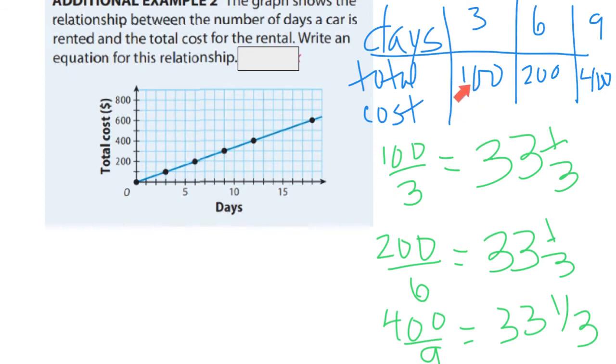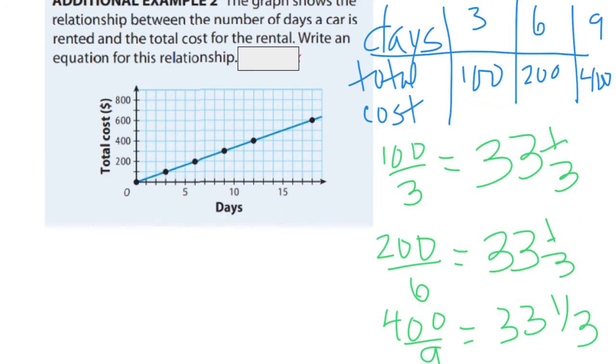So I took the first column, 100 divided by 3 is 33 1/3. Second column, 200 divided by 6, 33 1/3. Third column, 300 divided by 9, 33 1/3. Then 400 divided by 12, 33 1/3. And 600 divided by 18, 33 1/3.